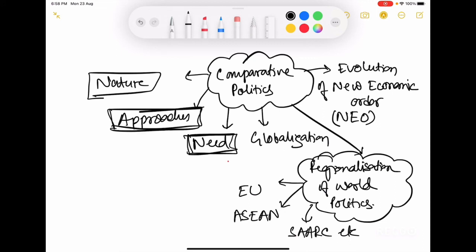But other than these three, all these topics, this one and this one, are very, very contemporary, very, very current, and very, very dynamic.